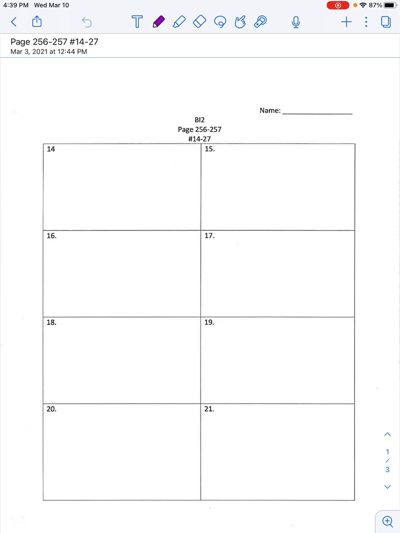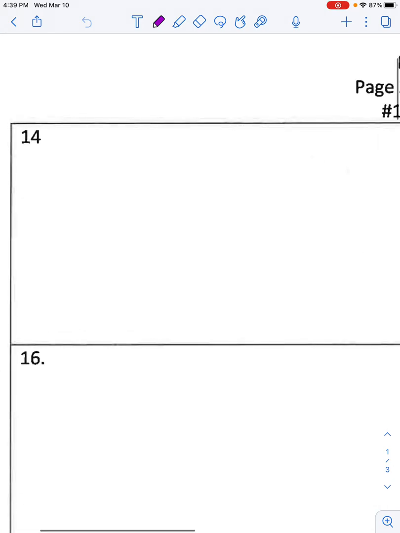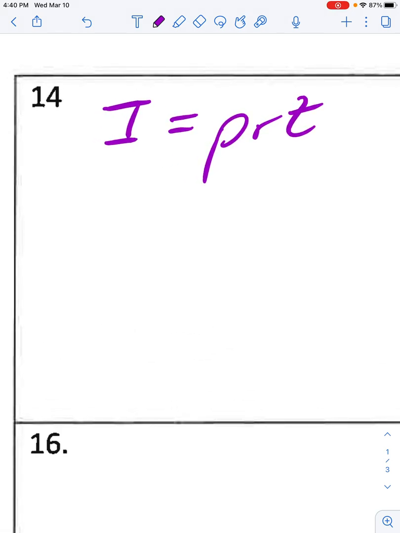Number 14 wants us to find the annual interest rate. Okay, so we're going to start with I equals PRT. In the textbook on page 256, number 14, it says I equals $562.50. So we're going to plug that in for the interest, $562.50.